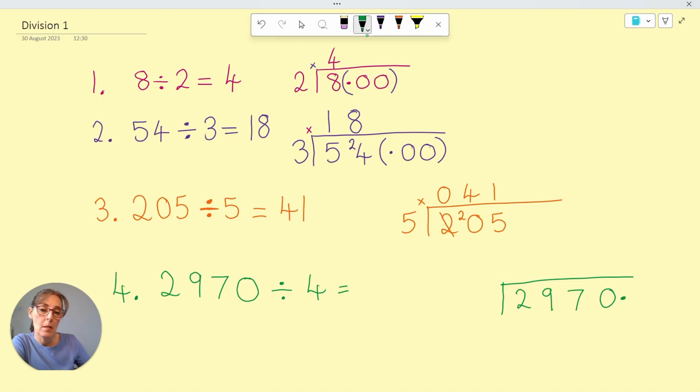I'm going to put 0.00. Okay, and divided by 4. Right, so how many 4s fit into 2?